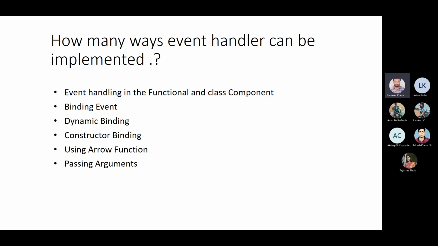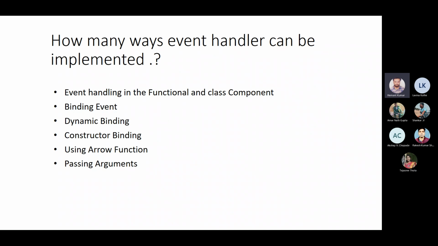Again, in the constructor we store the state, which is a simple object. To access that object, we need to bind, or we can use a callback or an arrow function to update those states. So in the case of the class component, while writing the event handler, we need to bind.